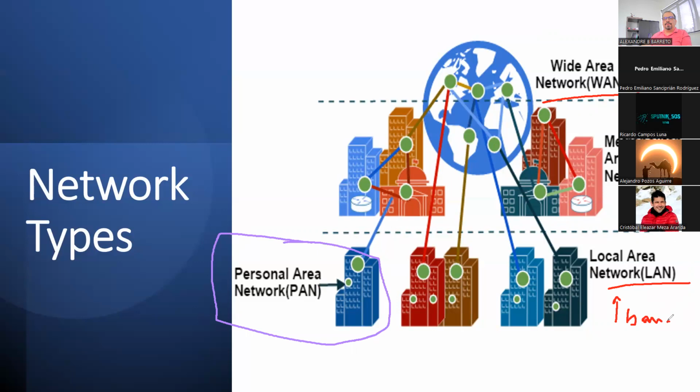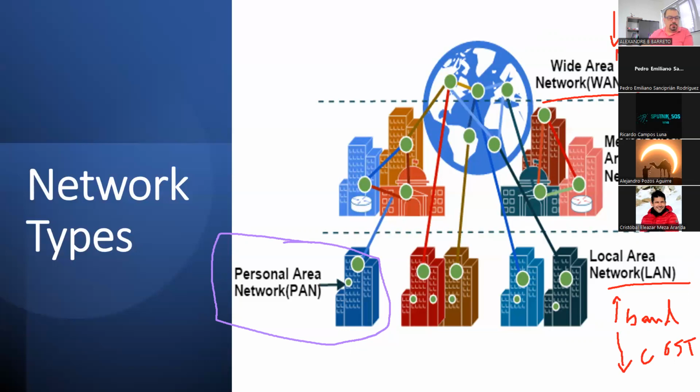I will talk about bandwidth in the next slide. And the cost of the bandwidth is very cheap. In the WAN you have a low bandwidth, but the cost is very expensive.